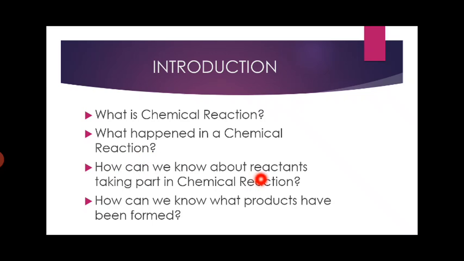How can we know about reactants taking part in a chemical reaction, and how can we know what products have been formed? In order to know and describe a chemical reaction, we use chemical equations. These chemical equations are the shortest and the easiest way to describe a chemical reaction.